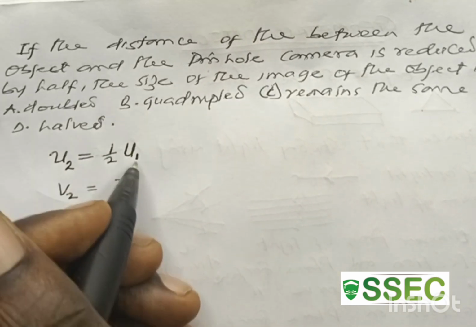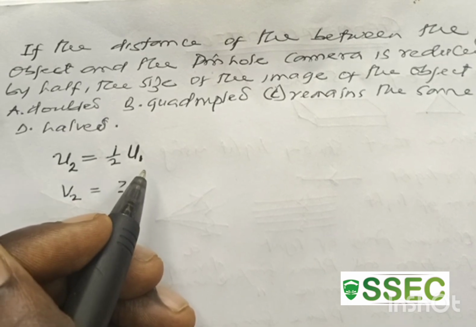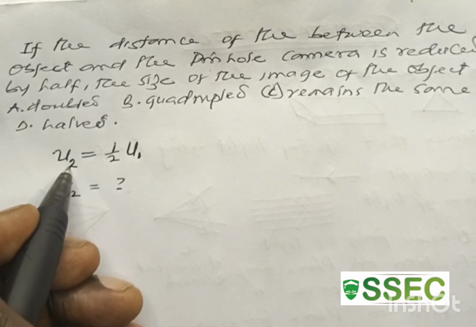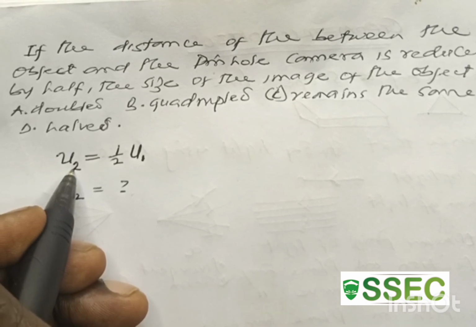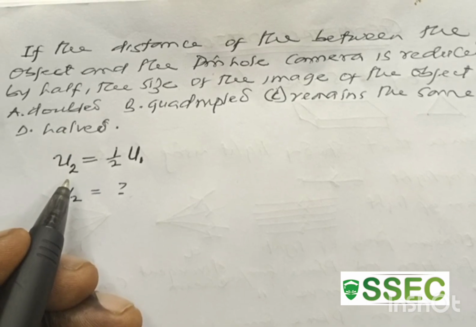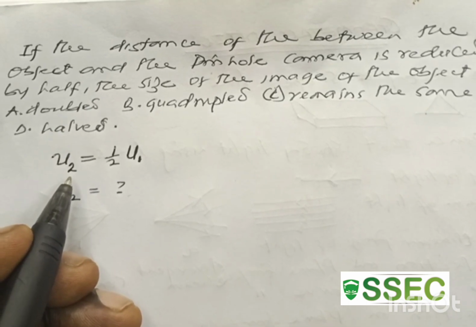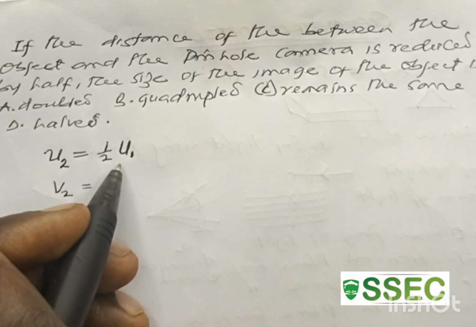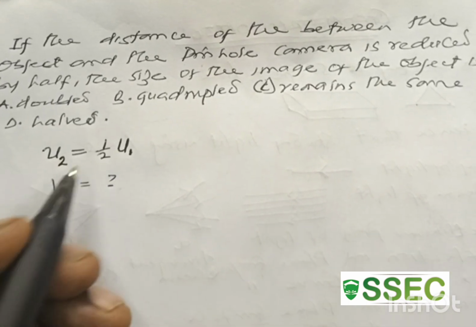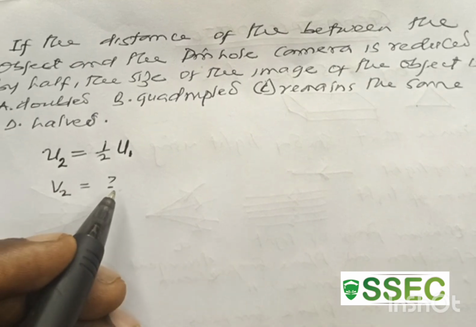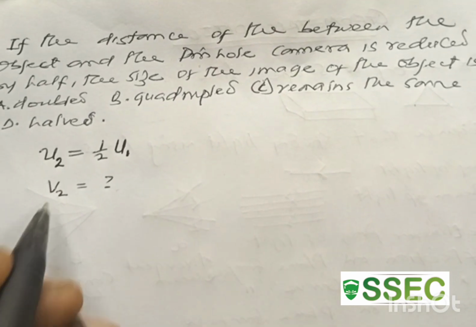I use U1 to represent the initial object distance, and I use U2 to represent the new object distance. So the question says, if the distance between the object and the pinhole camera is reduced by half, so what will be the V2?